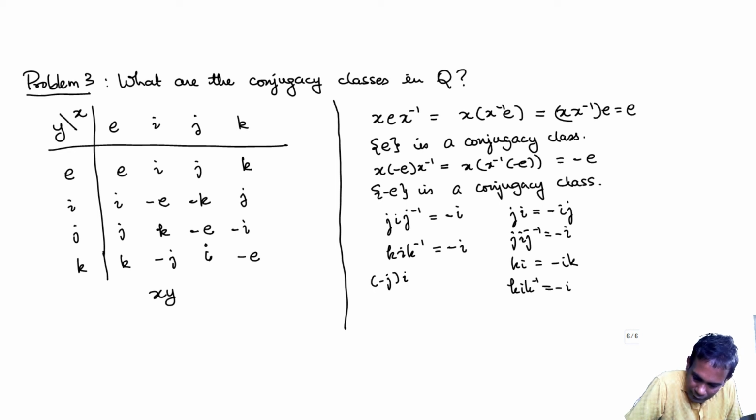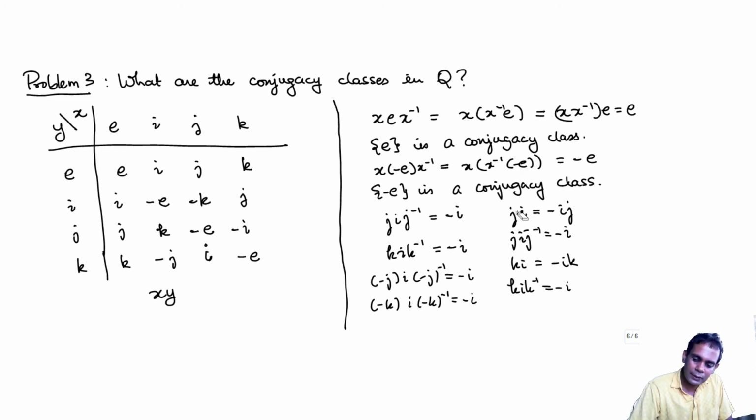Minus J times minus J inverse. Well, minus J is the negative of J, and minus J inverse is the negative of J inverse. So this is again going to be minus I. And similarly, minus K times minus K inverse is minus I.